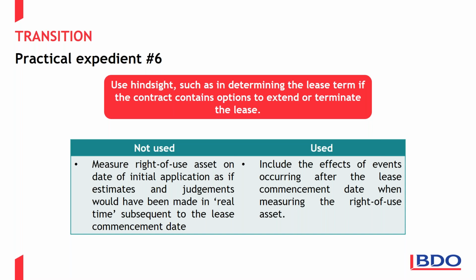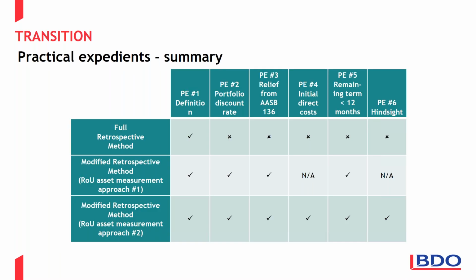Whether it's reasonably certain to exercise options, whether it's extension options or termination options. So the use of hindsight is particularly useful and saves a lot of time when we do these calculations. So this is a bit of a summary of all the practical expedients that are available and when they would be available with the different transitional methods.